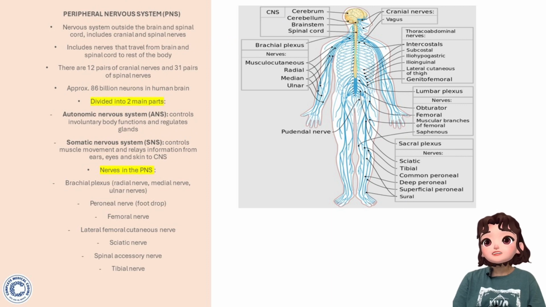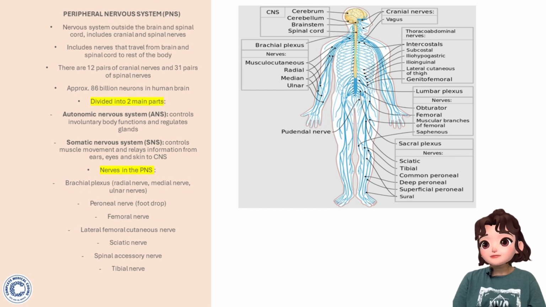Now, which are the nerves in the peripheral nervous system? Brachial plexus, that includes radial nerve, median nerve and ulnar nerve. Then peroneal nerve, foot drop. You can see in the picture the peroneal nerve in the foot. On the foot side you can see common peroneal, deep peroneal, superficial peroneal. All these are peroneal nerves.